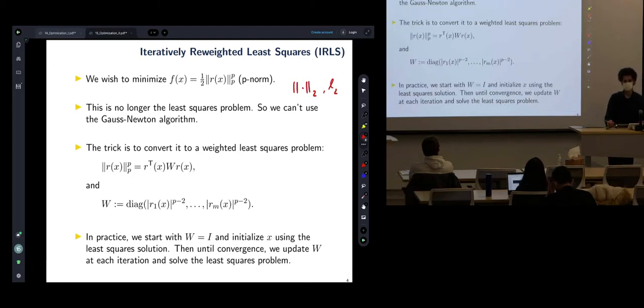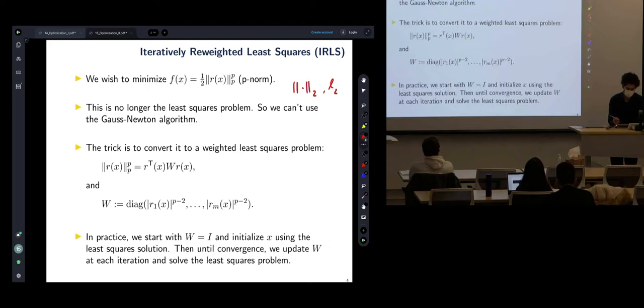In general, you can have the p-norm. We defined it last time: you raise each term to the power of p, you add them up, taking the absolute value of each term, because if p is odd, you don't want to get a negative value. And then you raise the sum to the power of 1 over p.